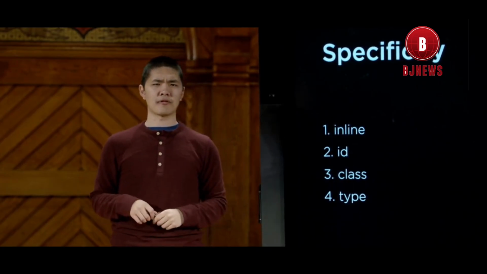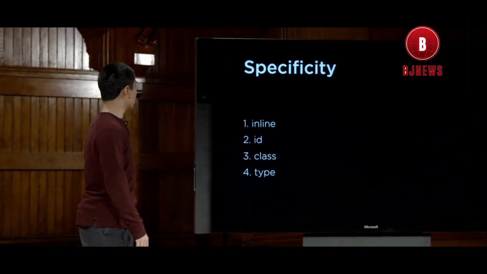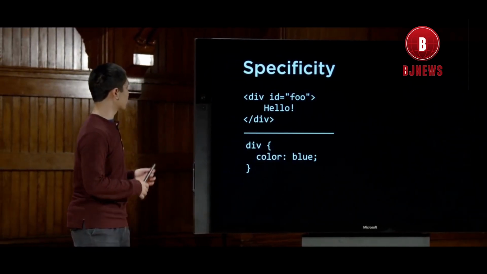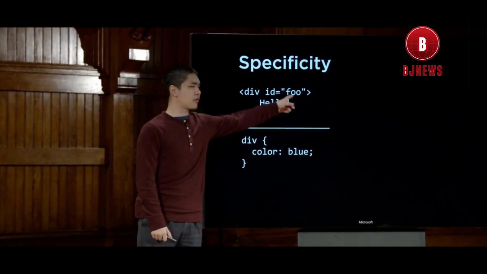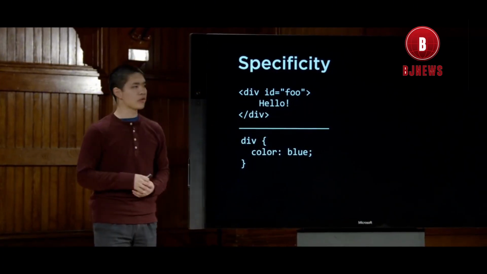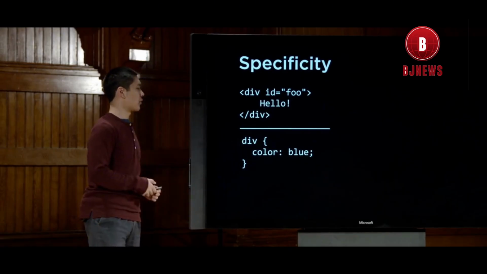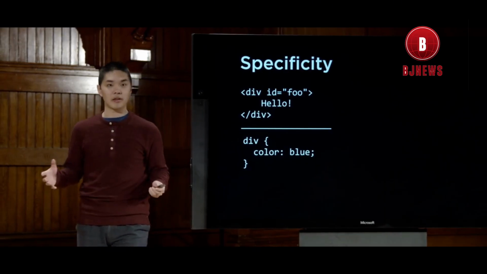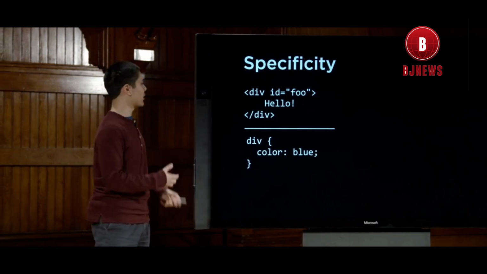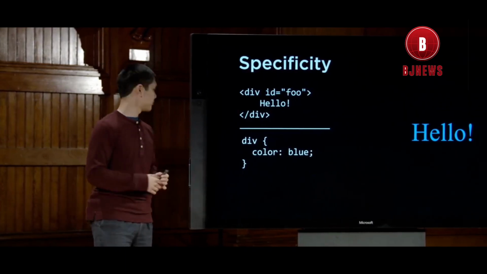So let's take a look at an example of this. Let's look at this code, for example, where, for instance, I have a div whose ID is foo, inside of which I'm just saying the word hello. And the CSS code that I've included here is I've said for all divs, I would like to give those a color of blue. Obviously, in that case, there's nothing conflicting. What we're going to see is we're going to see the word hello in blue.